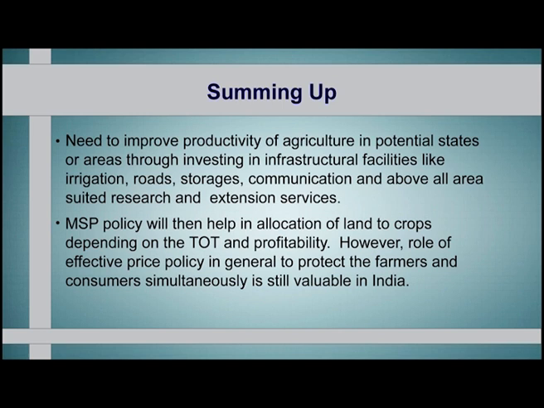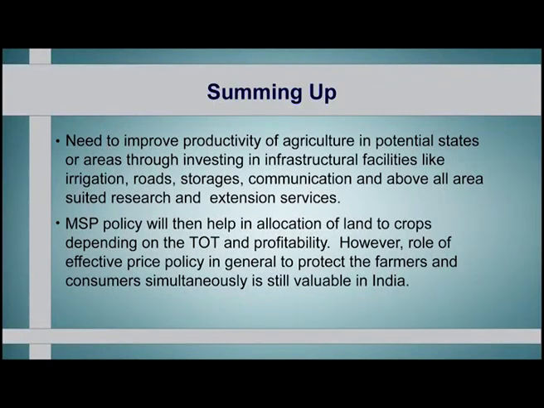So in other words, we have to increase the productivity, which is not because of this MSP only, but because of the various other factors which are very, very important in raising the productivity.